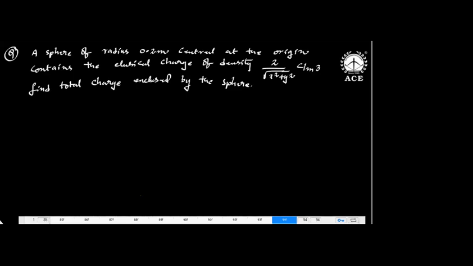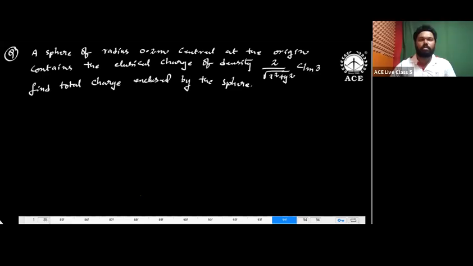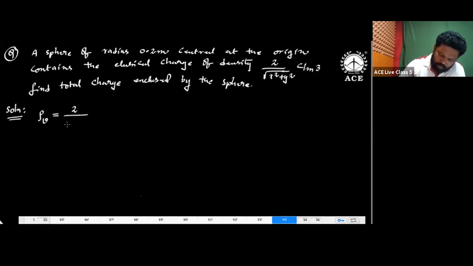Yes. How to approach this one? Same story. What is the volume charge rho v? 2 by square root of x square plus y square. Units are coulomb per meter cube.